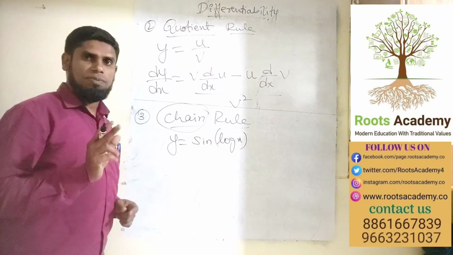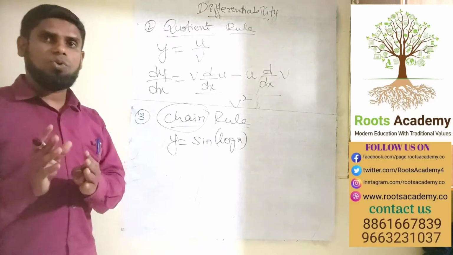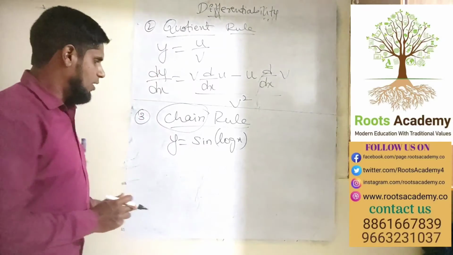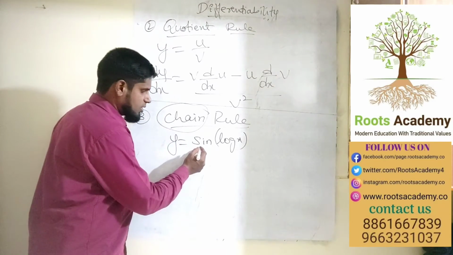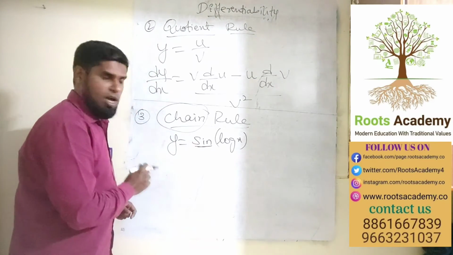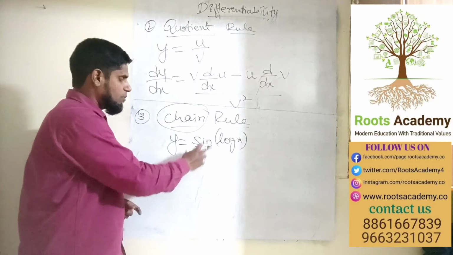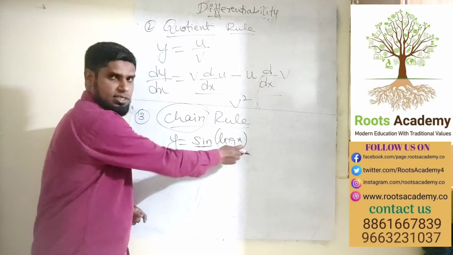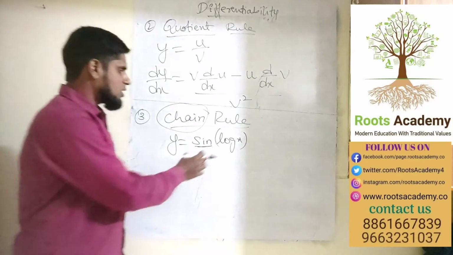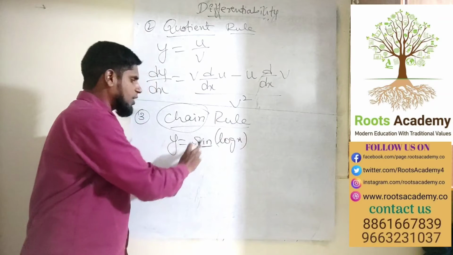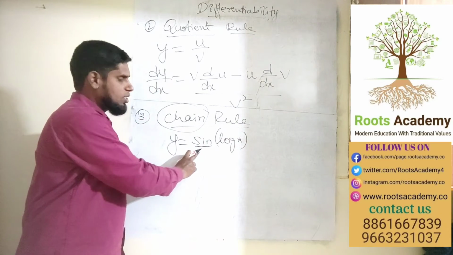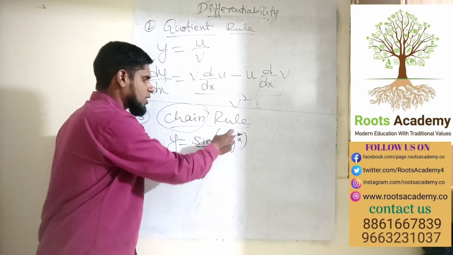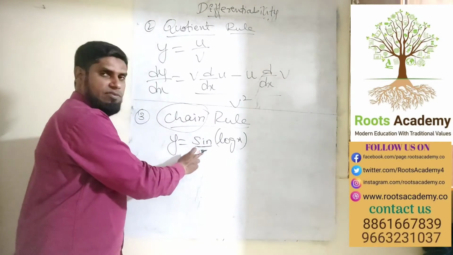Product rule is possible only if two or more functions are multiplied. Student, here, see, it is not sine x. Of course, it's a trigonometric function, but this trigonometric function has angle as log x. That means this log x comes under the trigonometric function. This log x is not multiplied to sine function. This log x comes under the sine function.